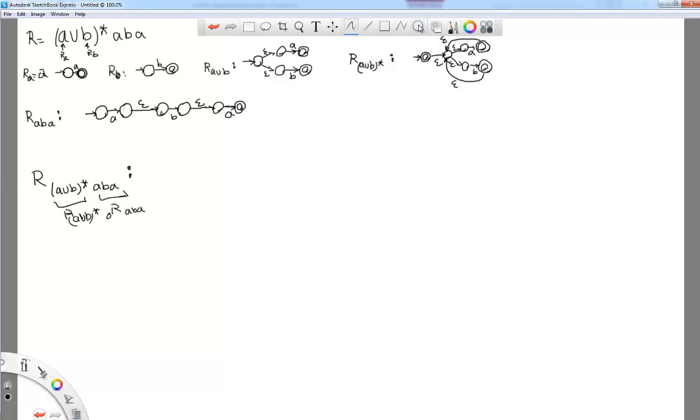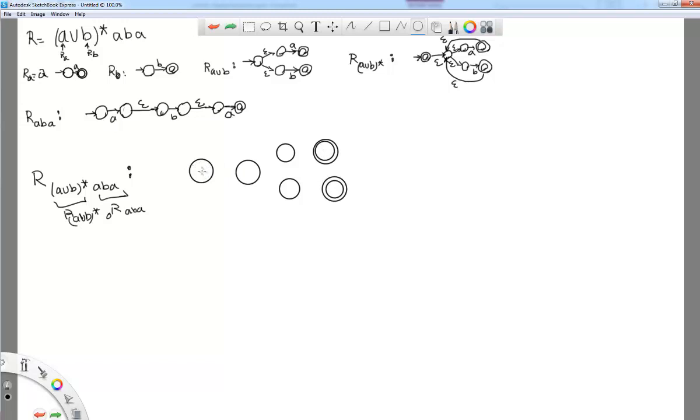For the concatenation, I'm going to try to be a little bit more clear in drawing this so that we avoid any confusion. So I'm basically drawing my original automaton.